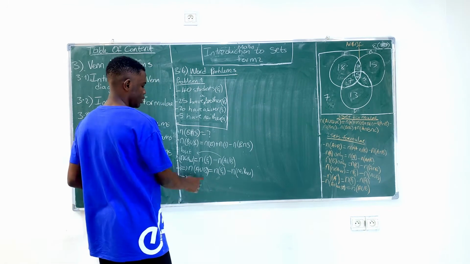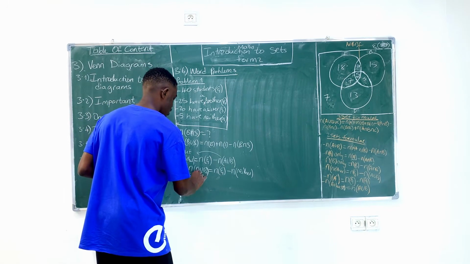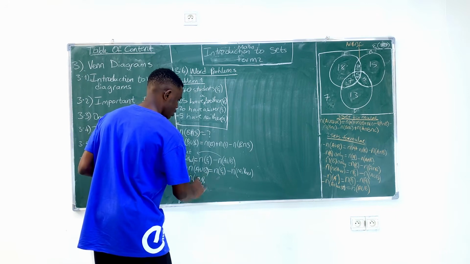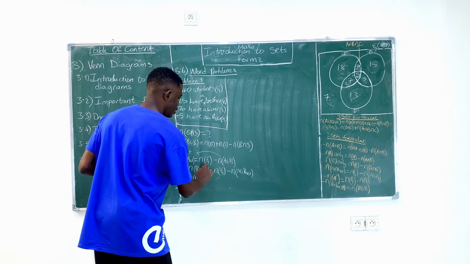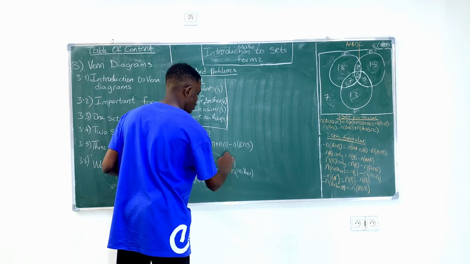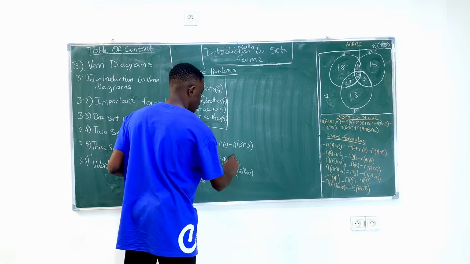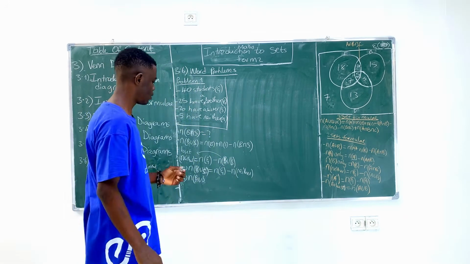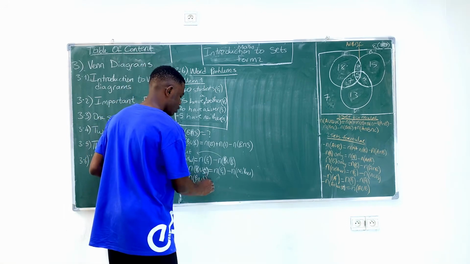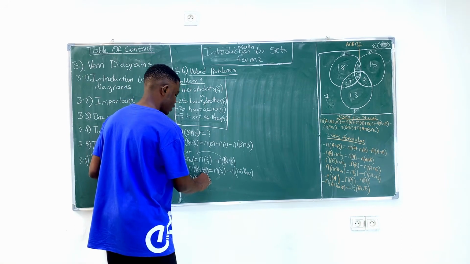So this implies n of A union B, in our case it is B union S. S union B is the same as B union S, so if you have S union B instead, it is totally correct.